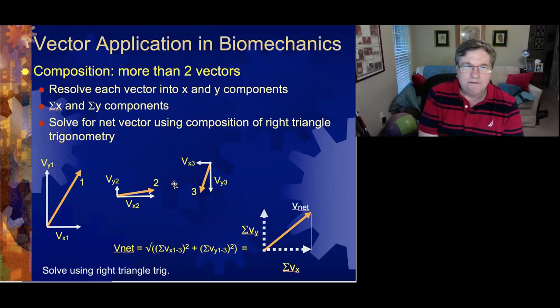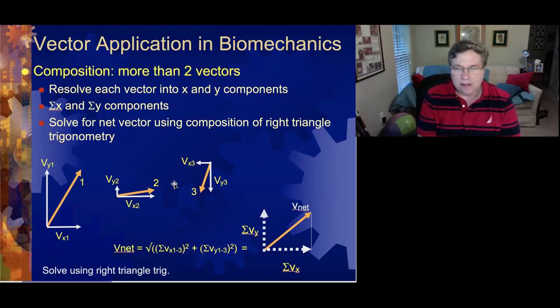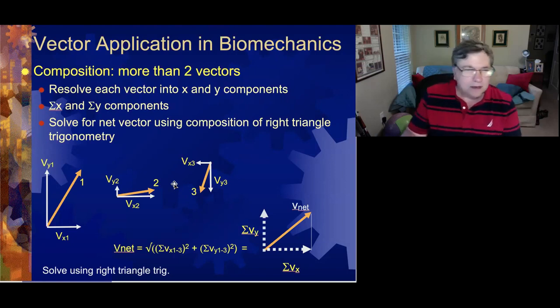When we have, let's say, 3 vectors or even more that we want to put together, here's a shortcut way of doing that rather than doing one by one by one. So in order to combine 3 forces, 1, 2, and 3 here, what we're going to do is resolve each of these vectors into their horizontal and vertical components.